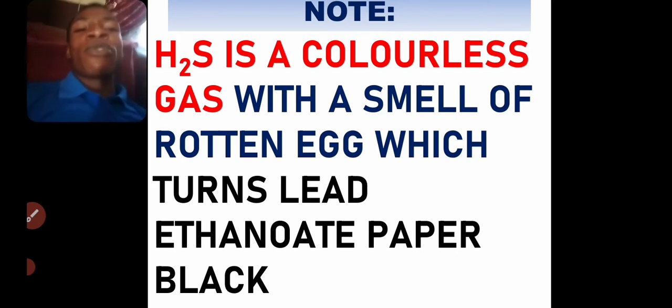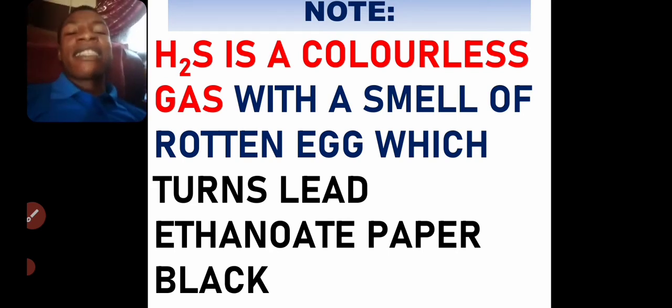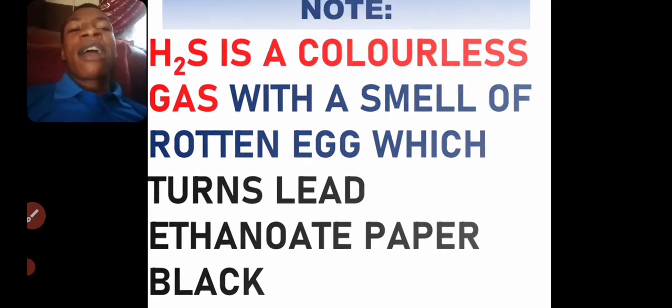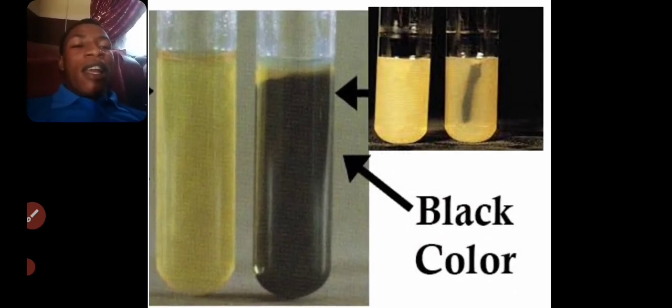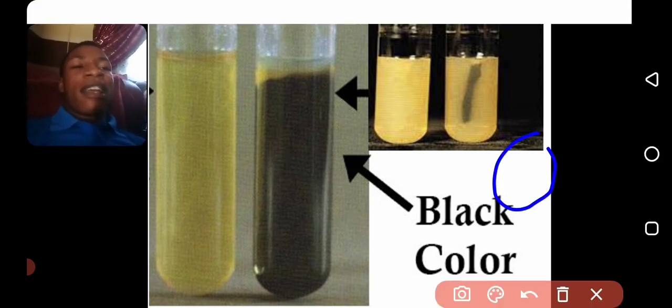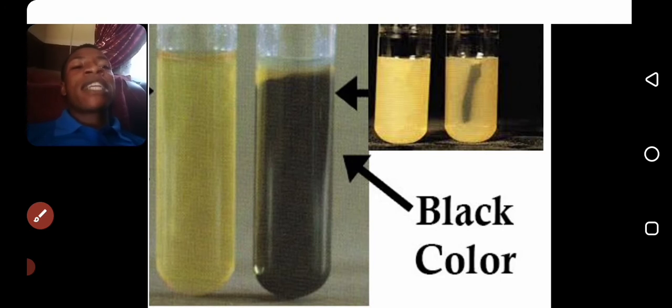So you must be able to describe these gases vividly. A colorless gas with the smell of rotten egg, which turns lead ethanoate paper black. That is hydrogen sulfide. You see, you have lead ethanoate paper inside here because H2S gas is being formed.